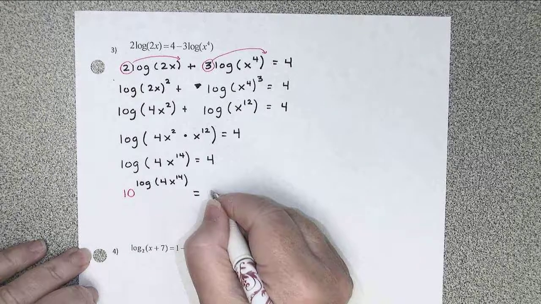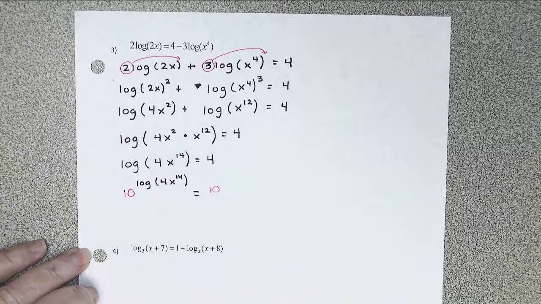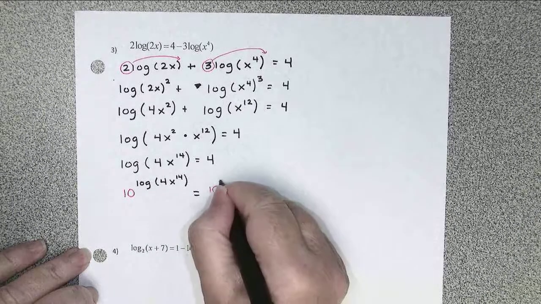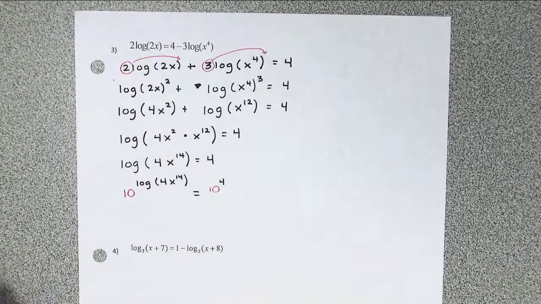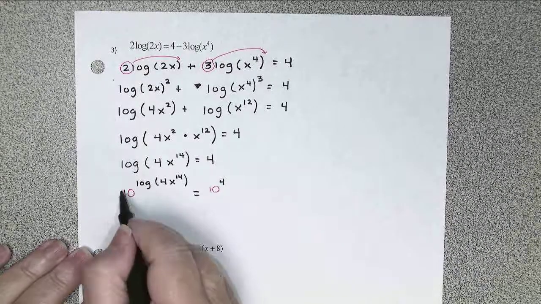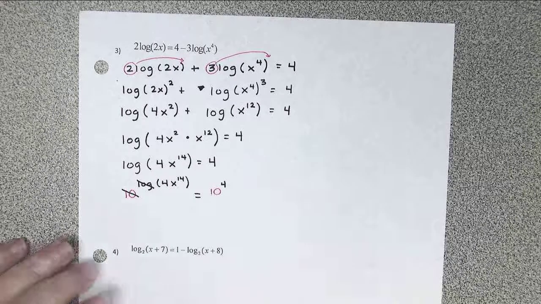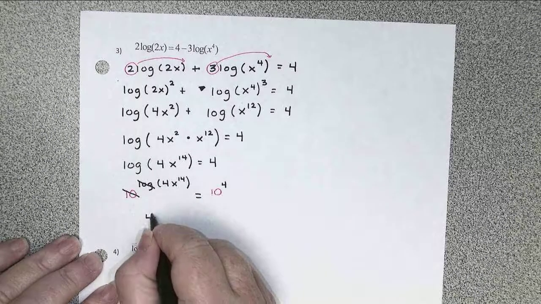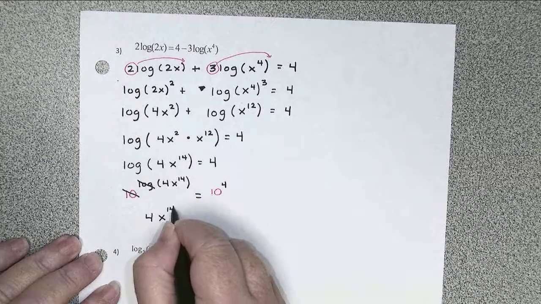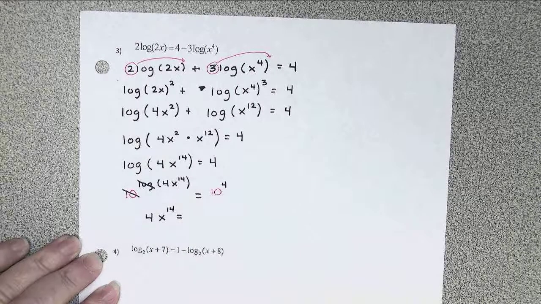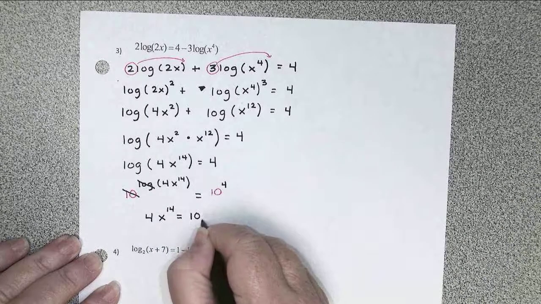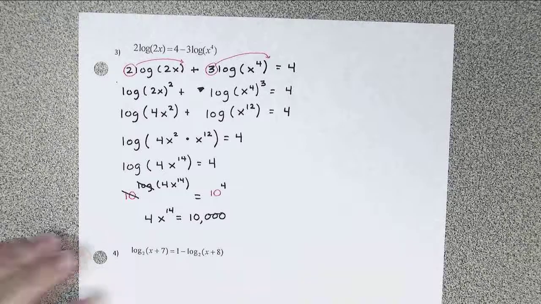And same thing on the other side, base of 10 raised to the power of 4. I have my inverse functions, doing and undoing. So what I'm left with on the left-hand side is 4x to the 14th, and on the right-hand side, 10 to the 4th, or 10,000.